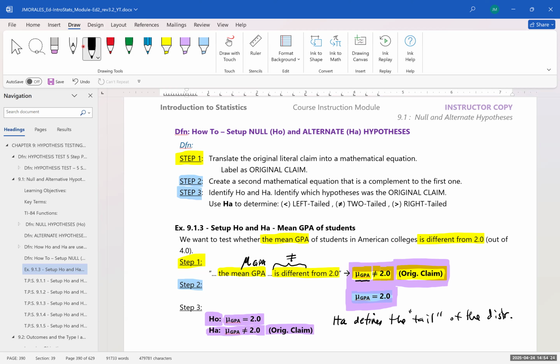And so because this is not equal, this is indicating that we've got a two-tailed distribution. So we're going to be dealing with a distribution that's going to have two critical values like that. And then we're going to have significance level divided by 2 on both tails, something like that.